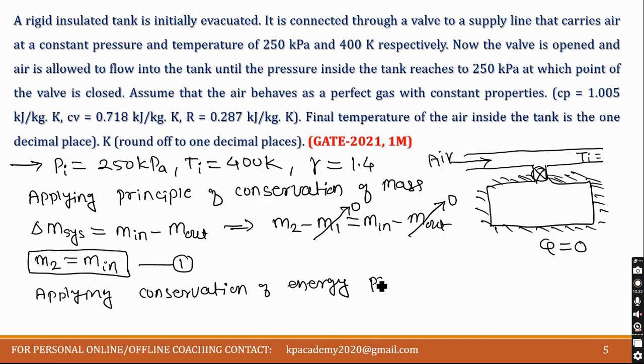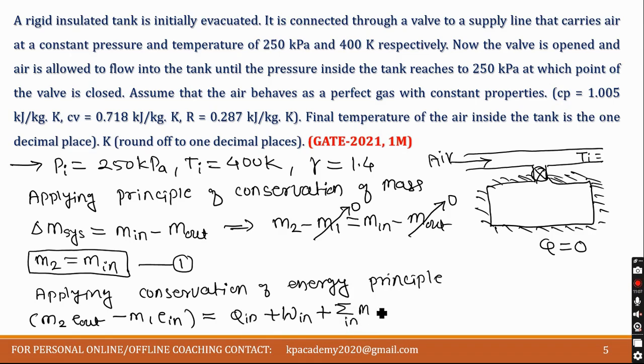So what we have, again I will write the equation: m2 E2 minus m1 E1 equals energy in, that is Q in if heat transfer is happening, then W in if work is done, plus some flow energy, m into theta, minus heat transfer out, plus W out, plus summation of out m theta.